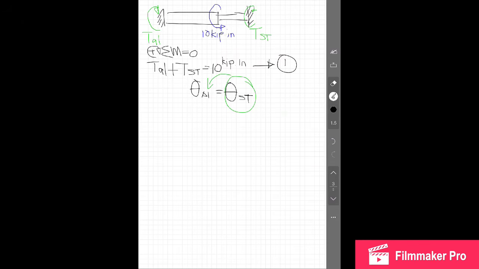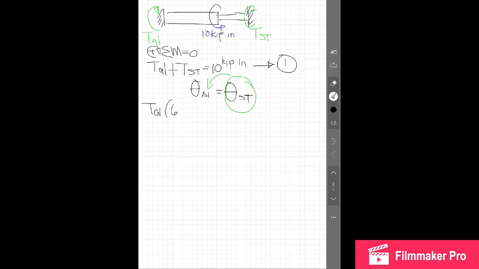So gawin natin, so we have T aluminum, TL. So ang L mo naman, the span of the aluminum segment, given naman sa problem, as you can see in the figure. So siya daw ay equal sa 6 feet. So since we need units in inches, i-convert mo siya to inches.